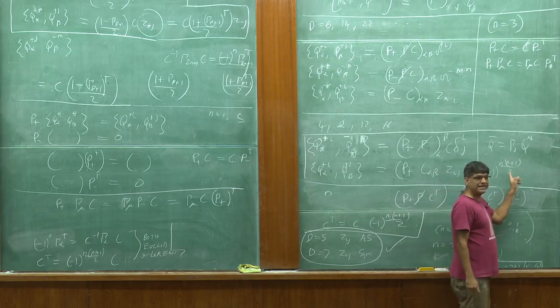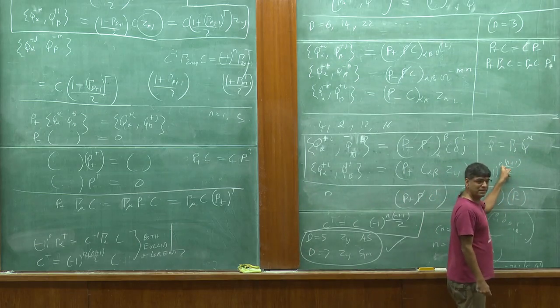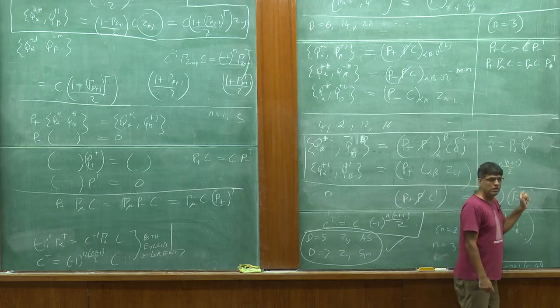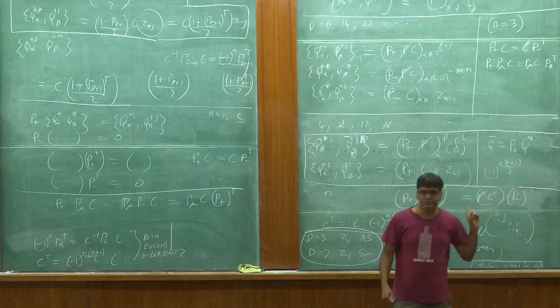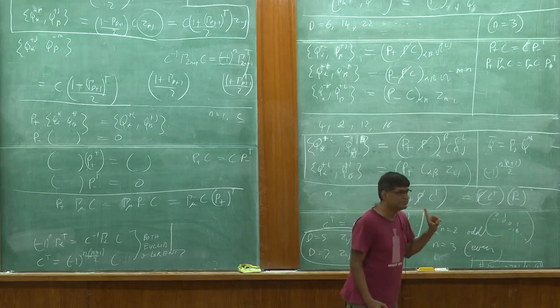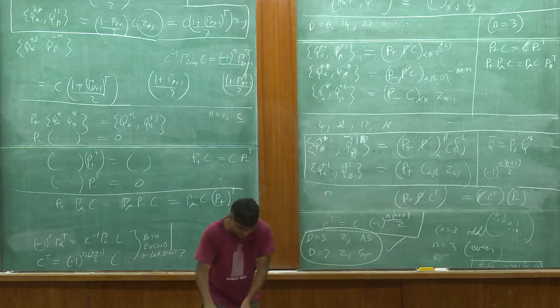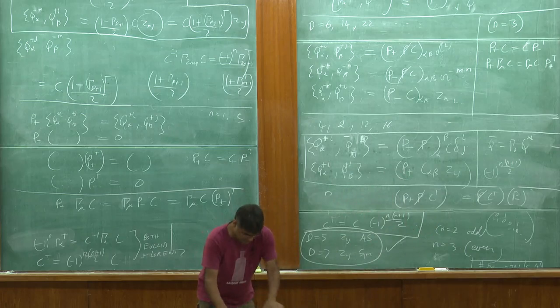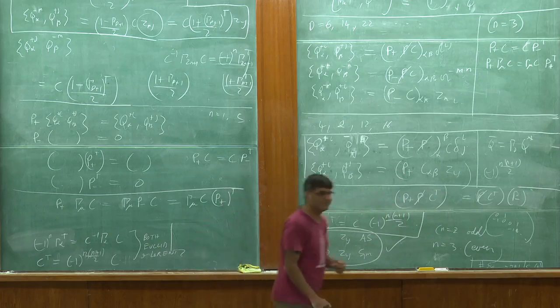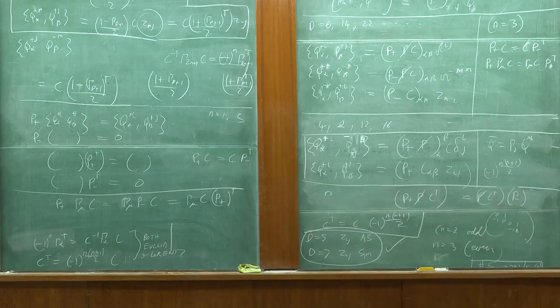So for C, n is 2, so there's 2 into 3 by 2. So I'm getting antisymmetric. And therefore Z will be antisymmetric, and let me check. Yeah, Z is antisymmetric in these dimensions. So C is antisymmetric, therefore Z is antisymmetric.